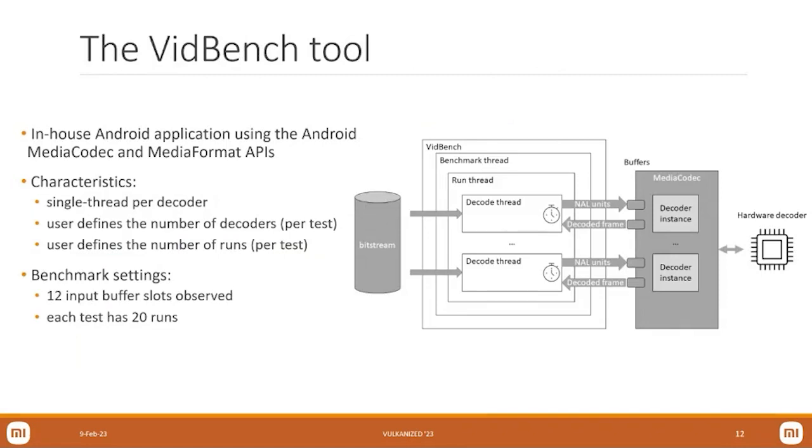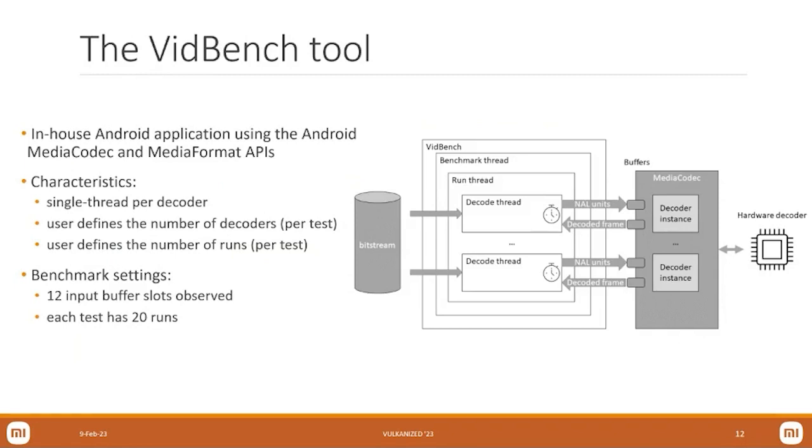A little bit about the VidBench tool, since it's not public yet, so you have not seen it. Basically, it's using the MediaCodec and MediaFormat APIs of Android. It's a single thread per decoder, which is the reason we wanted to try for the multiple decoders. The user defines the number of decoders per test that they want to run. The user defines the number of runs per test. And we're going to show you the specific settings later.